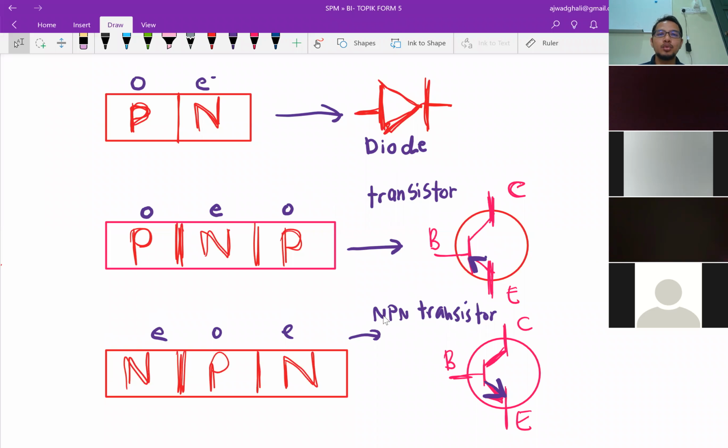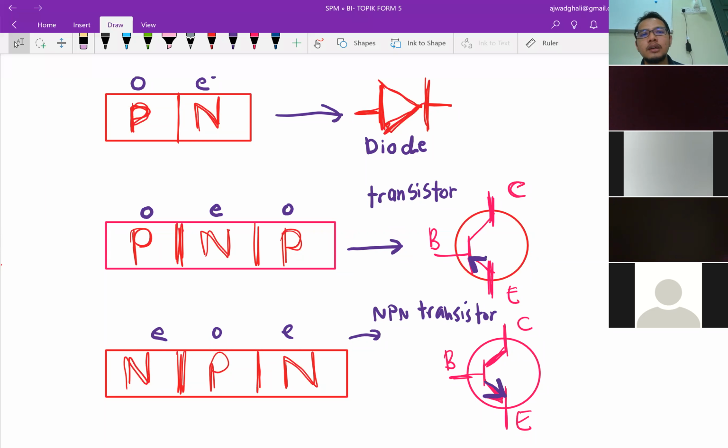Next, we go to semiconductor. Semiconductors lie in group 14, which is silicon and also germanium, which you learn in chemistry. Group 14 has 4 valence electrons.